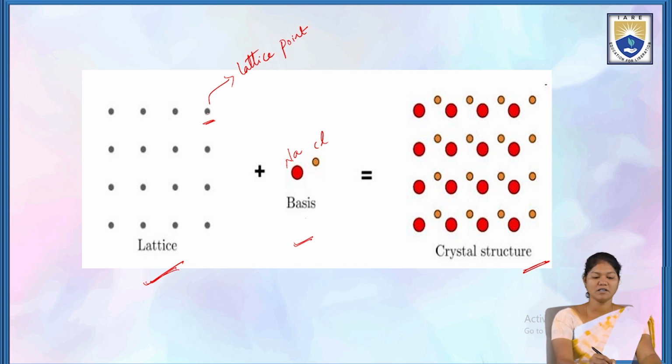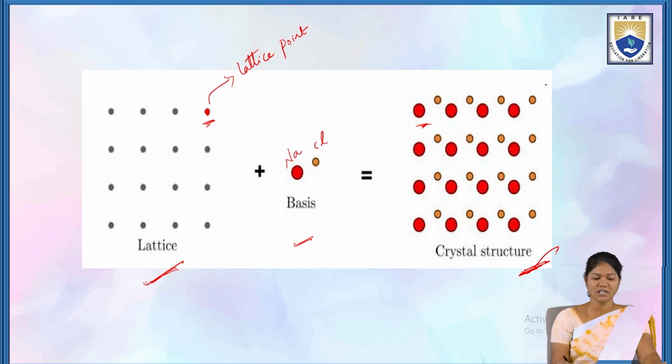It represents an atom, but when taking a lattice, in place of atoms we are representing with a point. At each lattice point, we show a group of atoms, that is basis. So the complete structure will be like this.